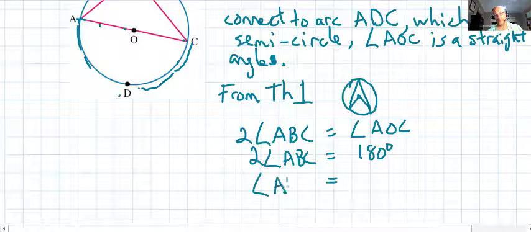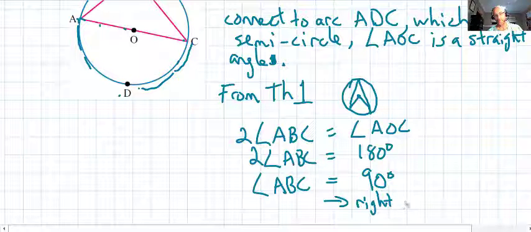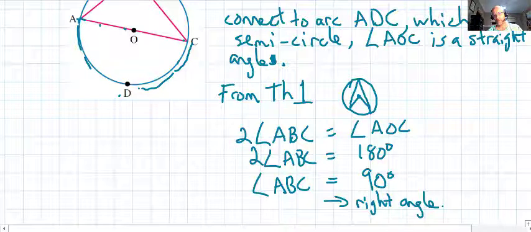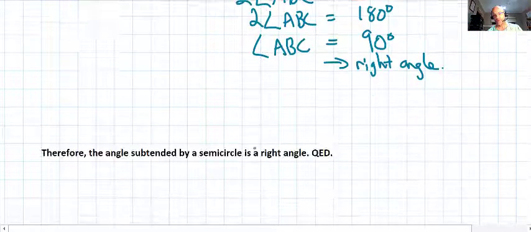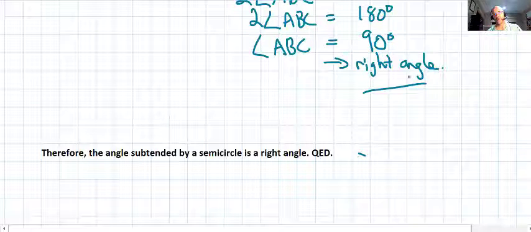So angle ABC is 90 degrees, therefore it's a right angle, no matter how you say the theorem. So essentially that's proven. Okay, we've proven the theorem, and the angle subtended by a semicircle is a right angle.